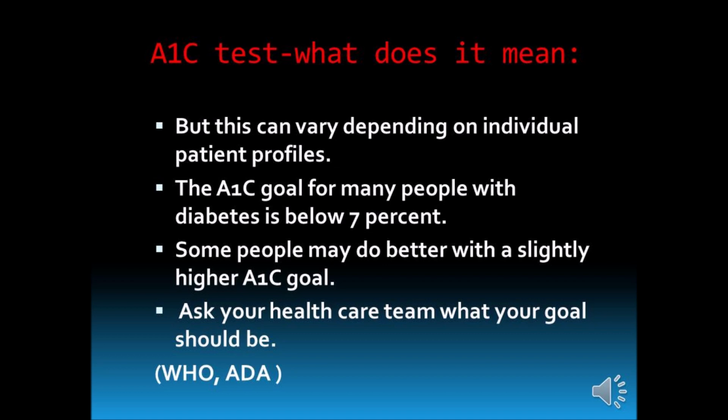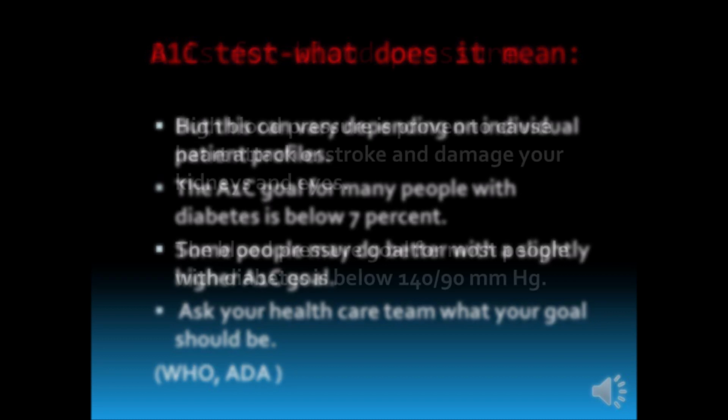Some people may do better with a slightly higher A1C goal. Well, your healthcare provider is, of course, the best person to answer your queries regarding your A1C goals. So ask your healthcare team what your goals should be.